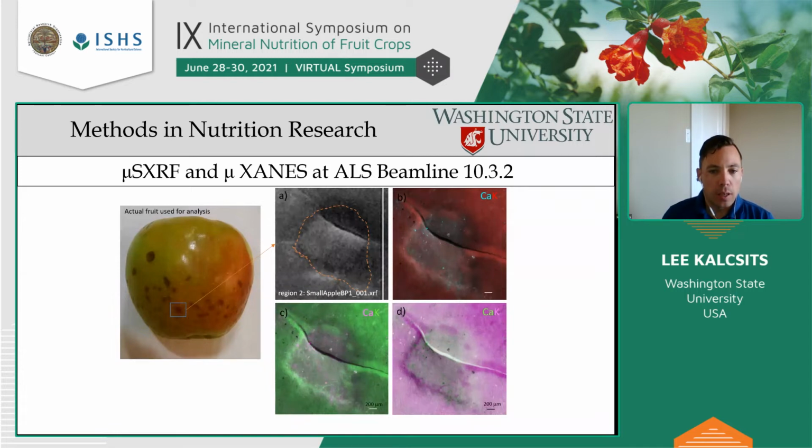So X-ray fluorescence is a way to look at nutrient distribution down to almost the subcellular level. It works in the sense that X-rays are applied to the surface of a structure, and it excites the electrons of each individual molecule.